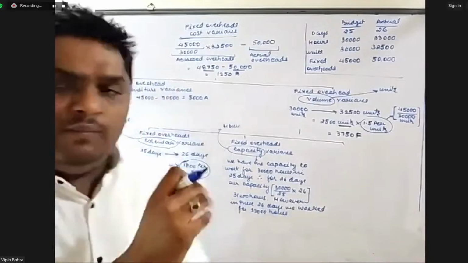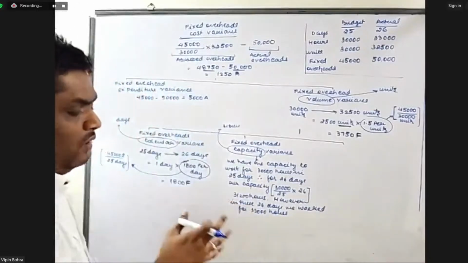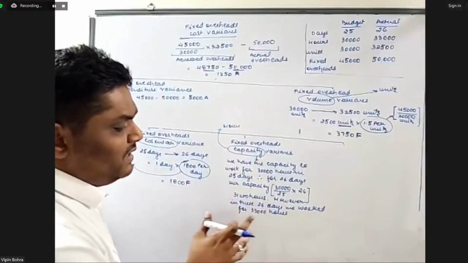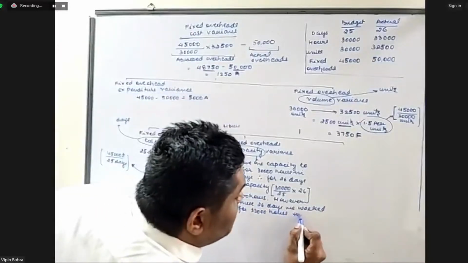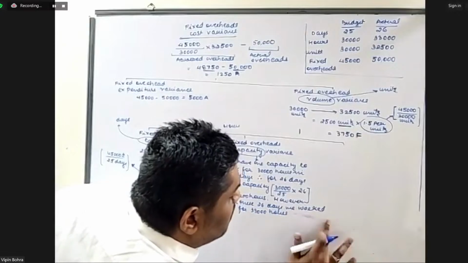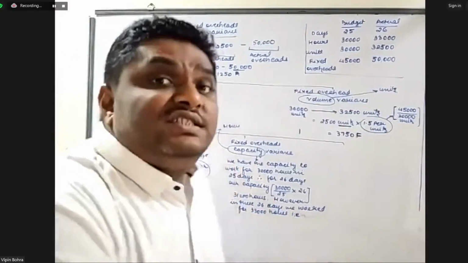I hope this part of board is visible. So in these 26 days, we work for 33,000 hours. That is 1,800 hours ज्यादा काम किया.